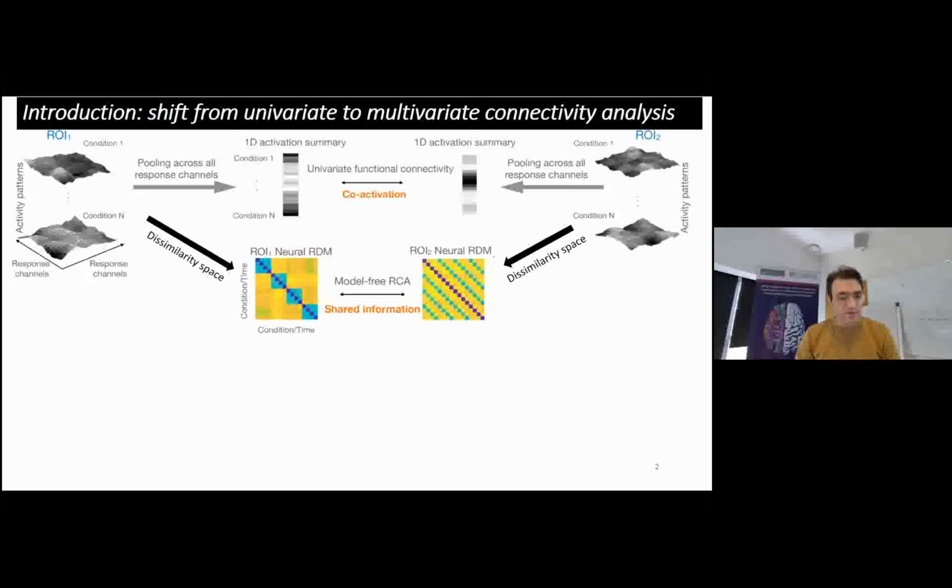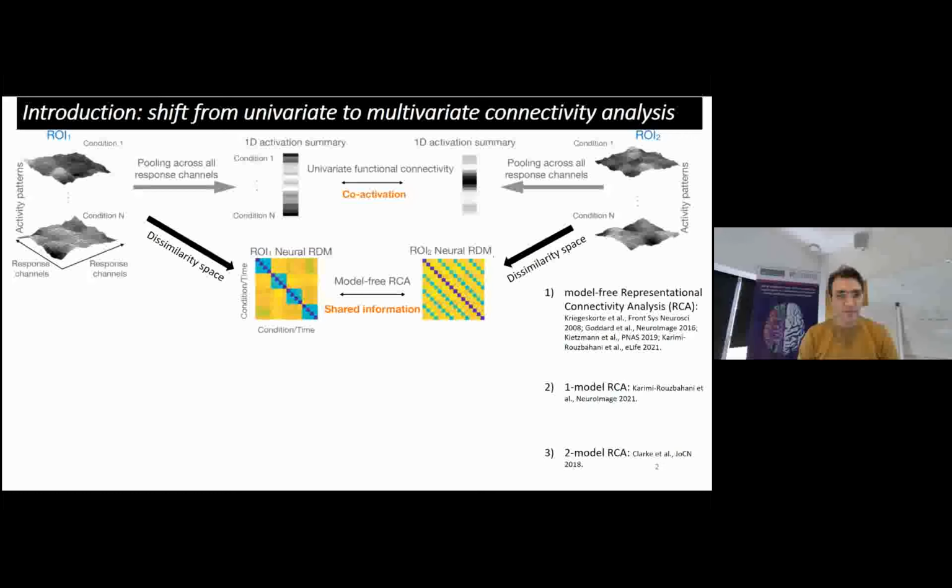In this matrix, you can see the geometry of representations within your ROIs about different aspects of the task. Then you check for similarities between the RDMs that you obtain from different areas of the brain, so you look for shared information between ROIs using these RDMs.